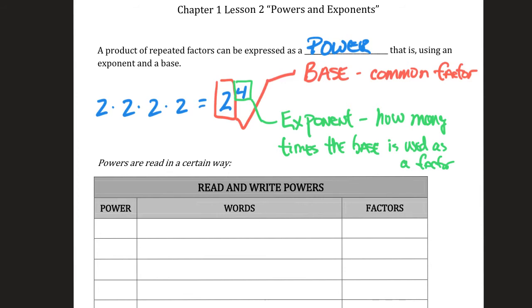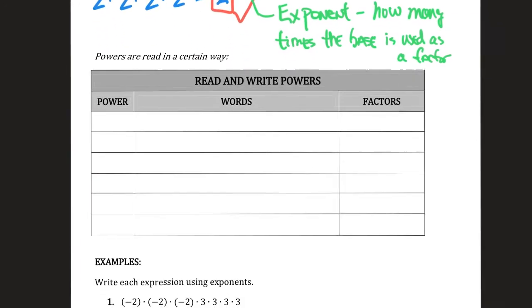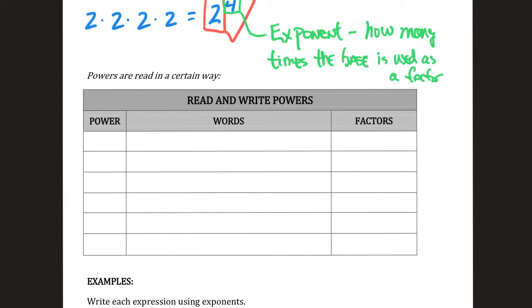Okay. There's a few different ways we can read these. If I have 3 with an exponent of 1, very, very rarely see that. With the exponent of 1, we just leave the 1 off. It's just assumed, so it would just be 3. But you would say 3 to the power of 1.